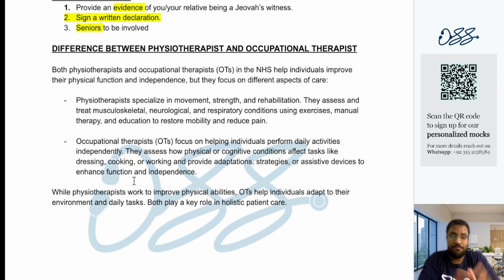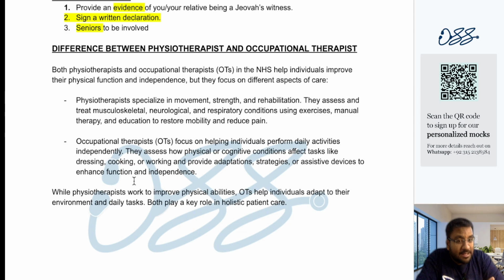That is what they work on: the medical aspect of mobility, strength, and reducing the pain, and making sure your body's normal physiology is back again. That is what the physiotherapist is.